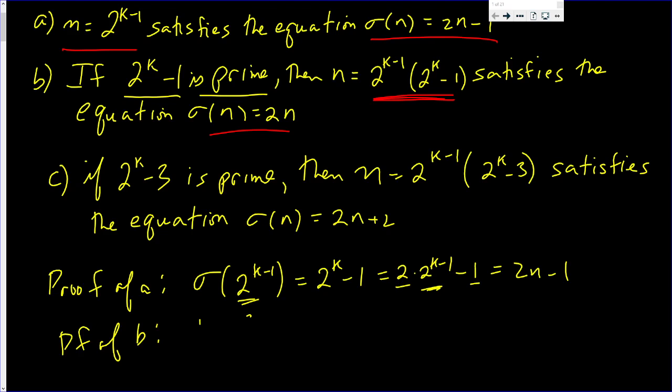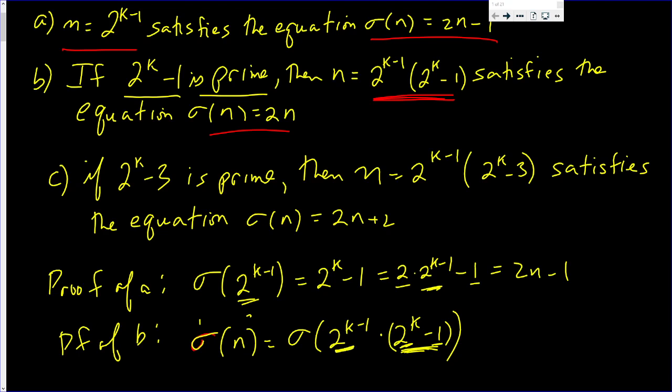So, let us consider sigma of n, which is sigma of 2 to the k minus 1 times 2 to the k minus 1. Now, this is an odd number, because 2 to the k is even. Take away 1, you get odd.